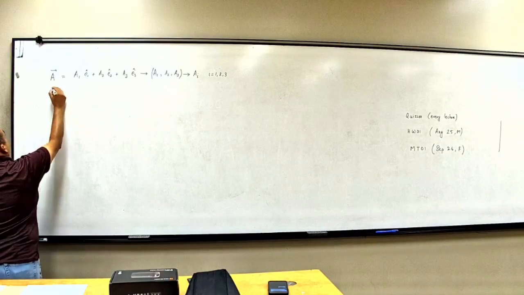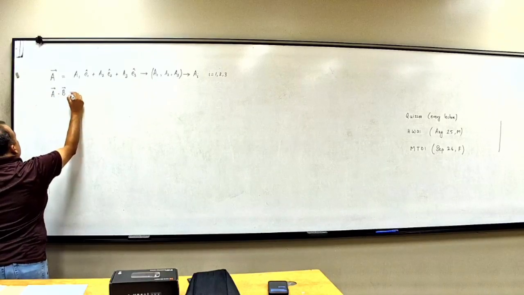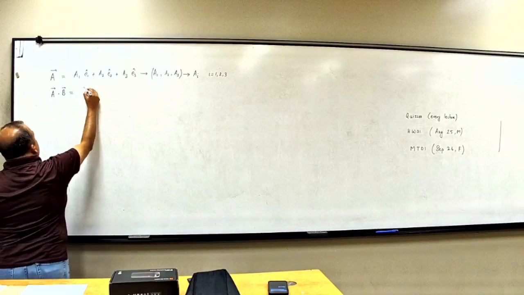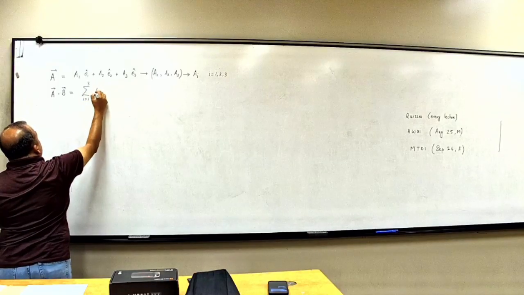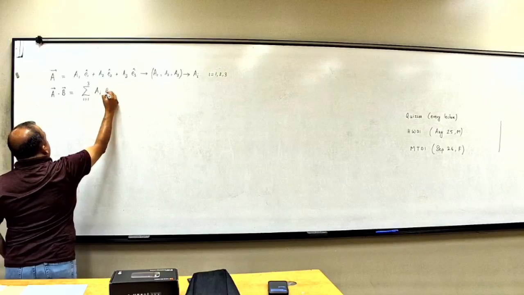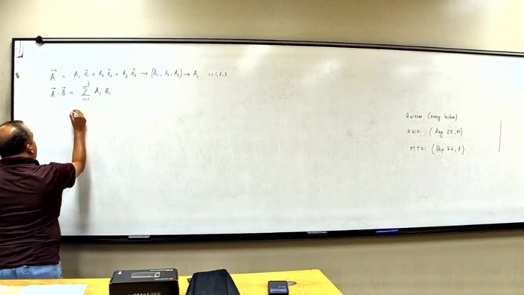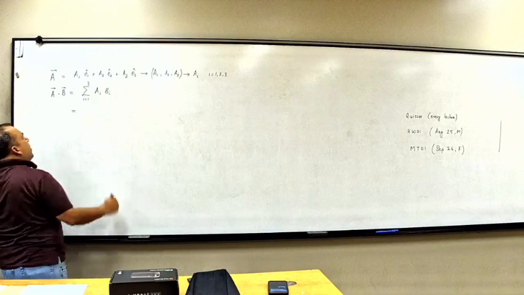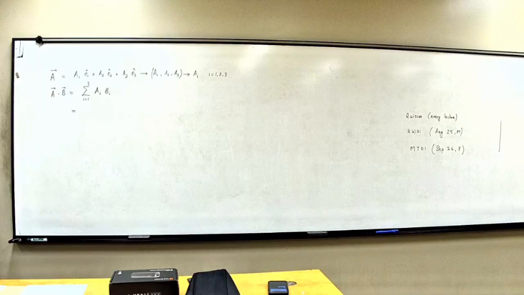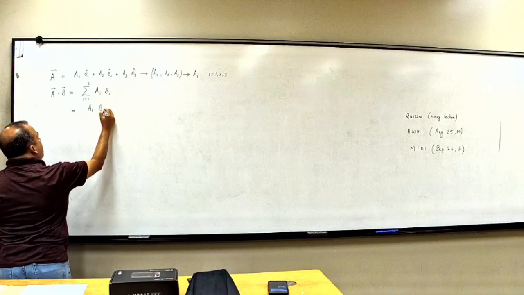If you have a scalar product, A dotted with B, that would be the sum over i equal to 1 to 3 of Ai Bi. The index notation involves the idea that instead of summing this, we have a notation that whenever the index is repeated, this will mean a summation. So you drop the summation and say this is just Ai Bi.